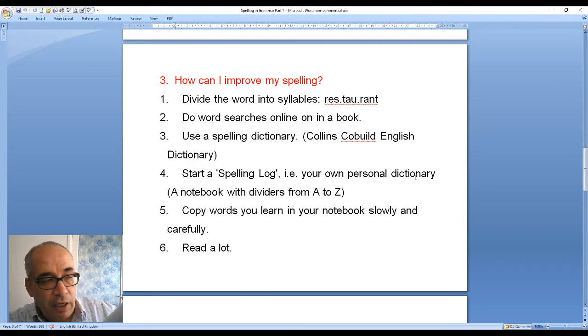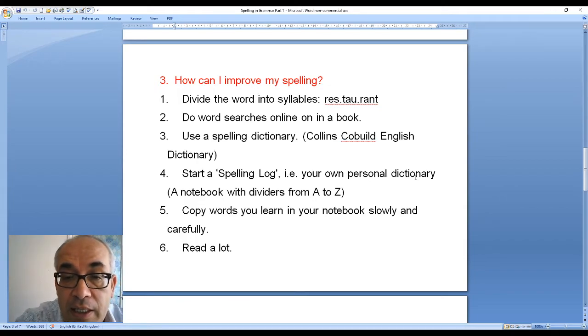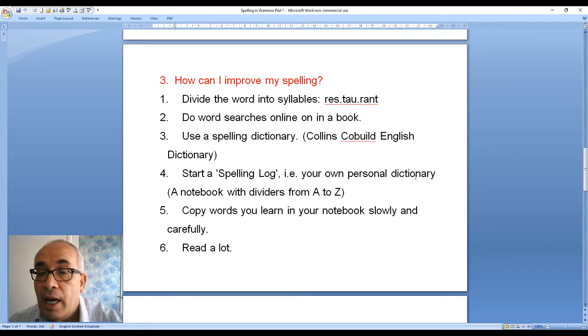If you learn new words with S, you go to S and then you write the words in the correct order. In this way, you learn the spelling. And any new words, you read them again and again. You write them again until you learn how to spell them correctly. So this is what we call your personal dictionary from A to Z.